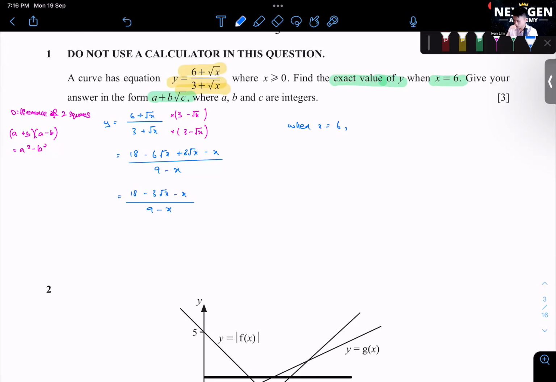So when x equals 6, y equals 18 minus 3 root 6 minus 6 over 9 minus 6, which gives you 12 minus 3 root 6 over 3. You simplify it, you get 4 minus root 6. You all just follow the marks where you see all the marks in the paper. Any question? Good? All right, 3 marks.